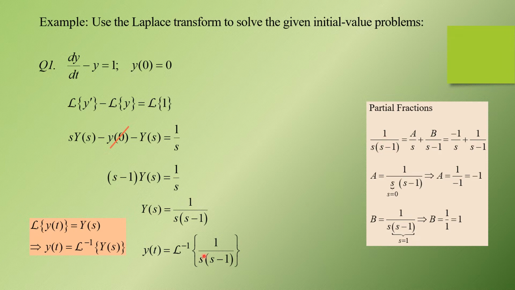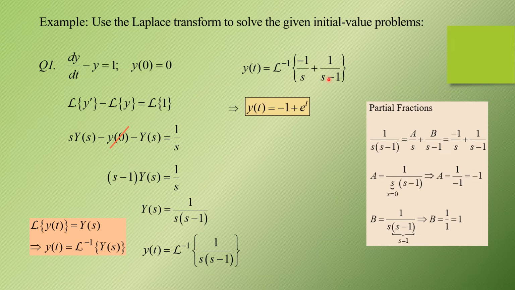So to get the function y(t), which is the inverse of 1 over s times (s minus 1), is the same as writing down the inverse of negative 1 over s plus 1 over (s minus 1). So this function has been decomposed into a sum of two partial fractions, and now it's easier for us to get the inverse of each term.